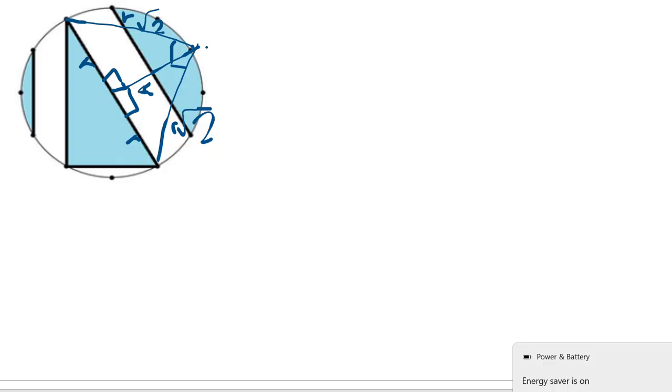Now R times square root of 2 has 2 points in between that line. So I'm going to draw the same point through our other pair of parallel lines like this. Now I'm going to draw a line perpendicular to these, showing the perpendicular gap between those two parallel lines.